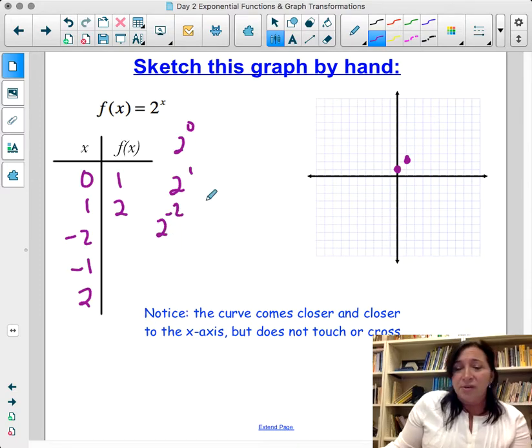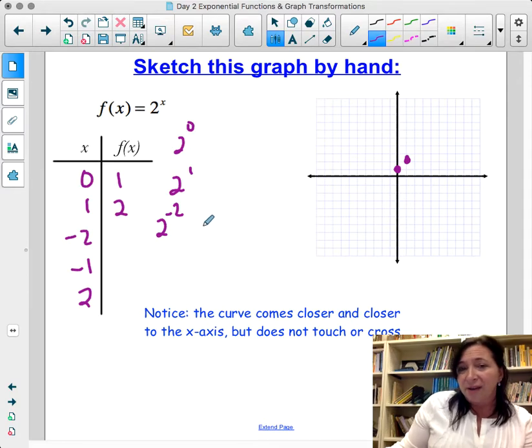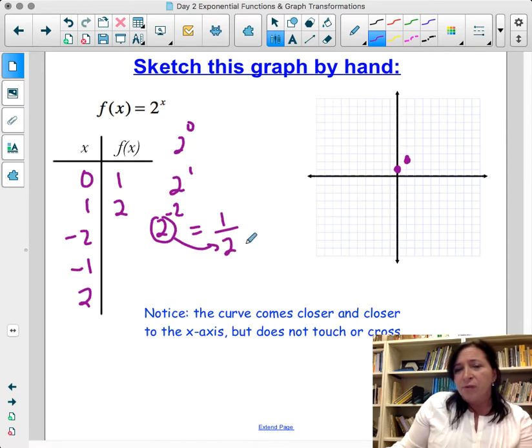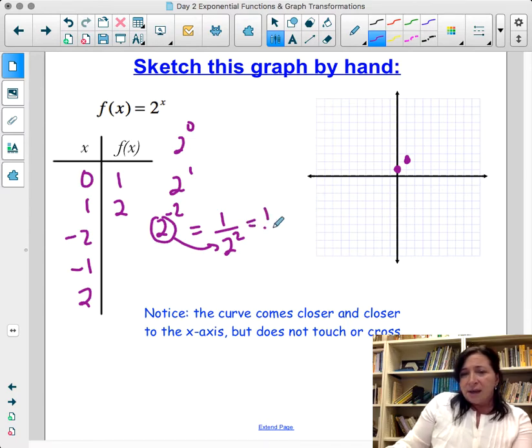Number one, you do need to remember what a negative exponent does. That will flip my equation and put this 2 on the bottom. When I flip this over and take the inverse, that -2 now becomes a +2. So really, I have 1/4. So at -2, what do I have? 1/4.